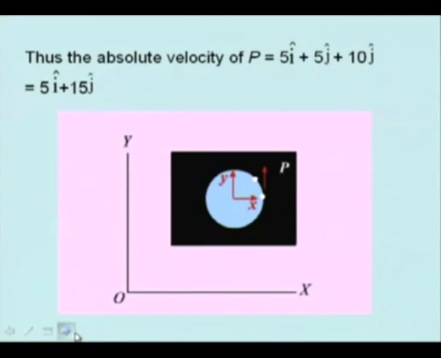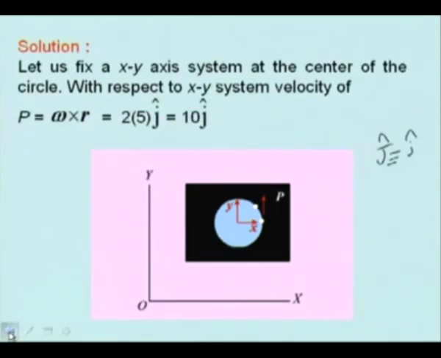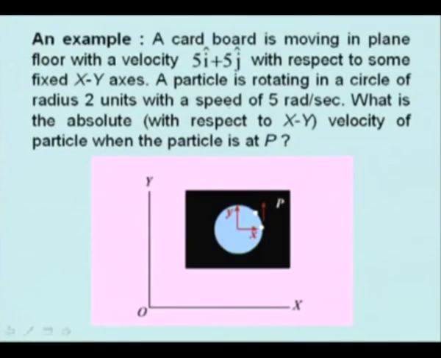Thus, the absolute velocity of P is equal to the velocity of the reference frame itself plus the velocity of the particle in that reference frame. It has already been mentioned that the cardboard is moving in a plane floor with a velocity 5i plus 5j.